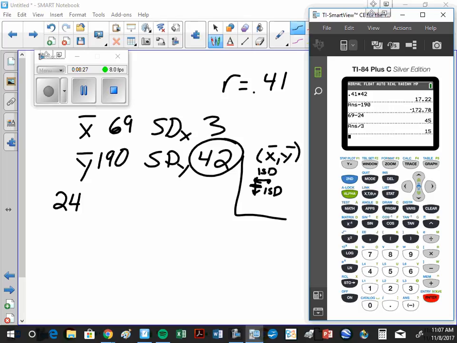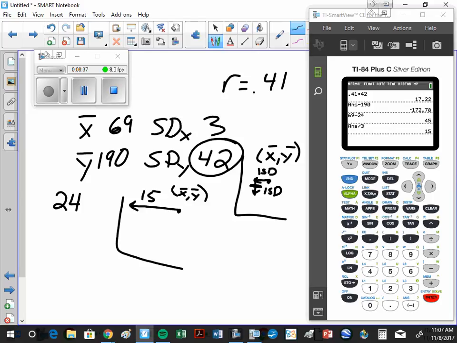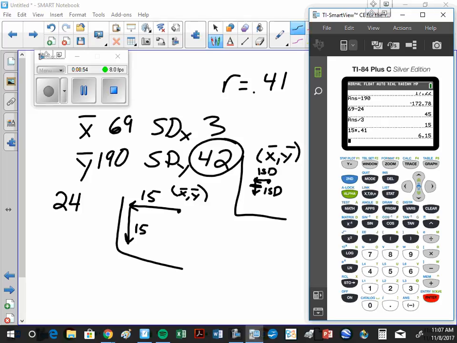Okay? So I have my point of averages, X bar, Y bar, and I'm going to go 15 SDs left, which means I need to go 15 SDs down, but not the full 15. 15 times 0.41 is 6.15 SDs. And how big is the SD for Y? 42.